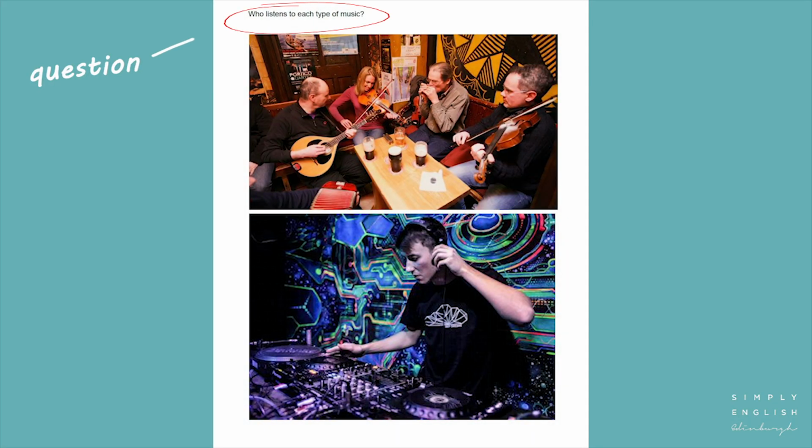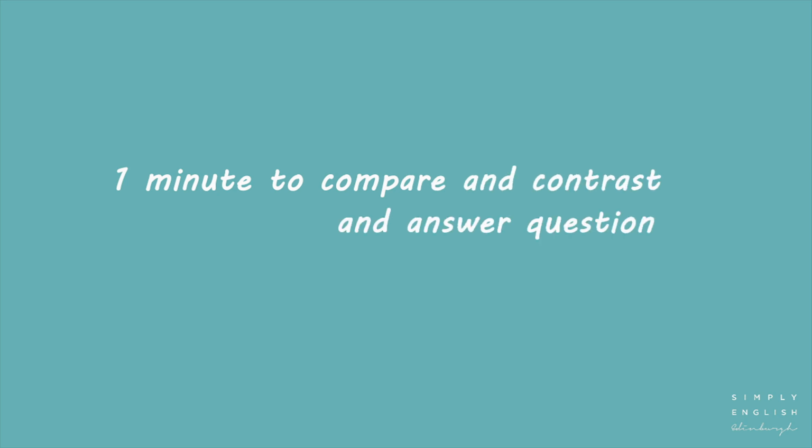So, in this part of the exam, you will be shown two pictures. They have a similar theme or topic, and there will also be a question at the top of the page. So something like what is on the screen in front of you just now. Basically, what you have to do is you're given 1 minute to compare and contrast these photographs and answer the question at the top of the page.